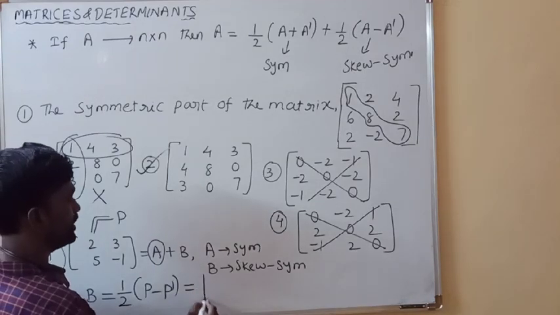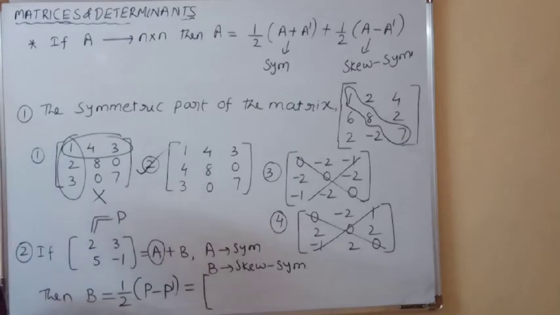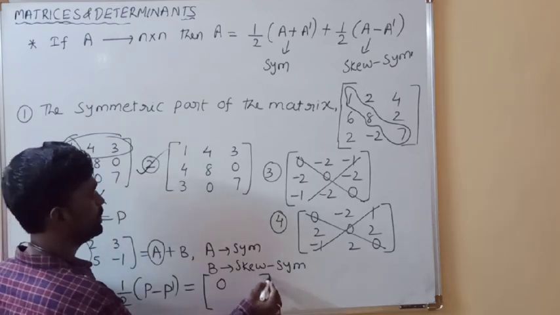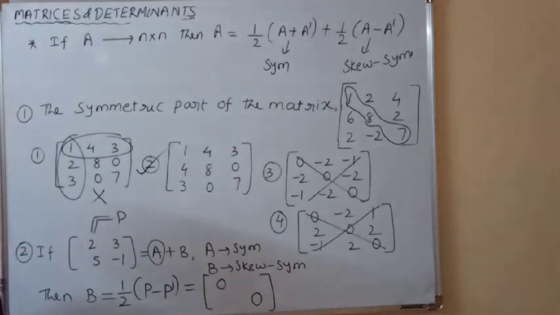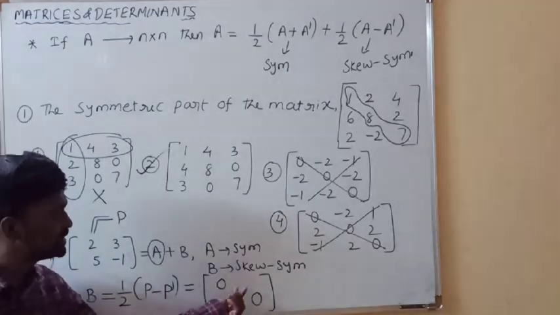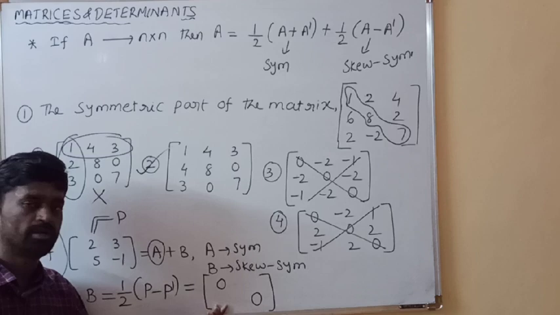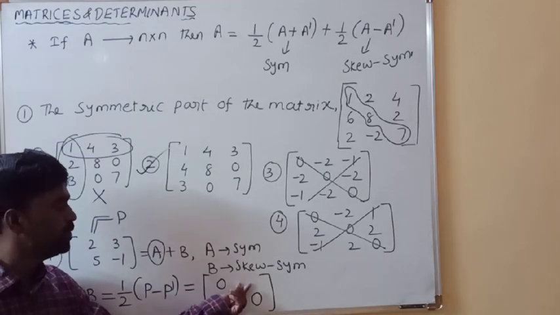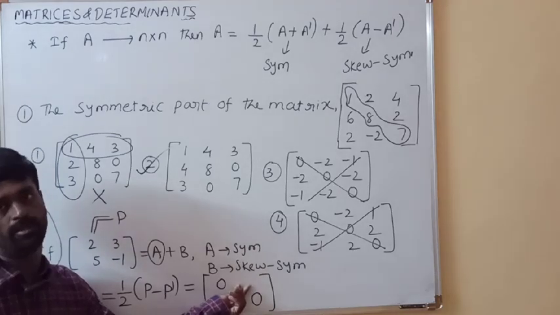As it is skew symmetric, the diagonal elements must be equal to 0, so don't think about the diagonal elements. Think about the other two elements. If this element is alpha, the other must be minus alpha. So you need to calculate only this second element.